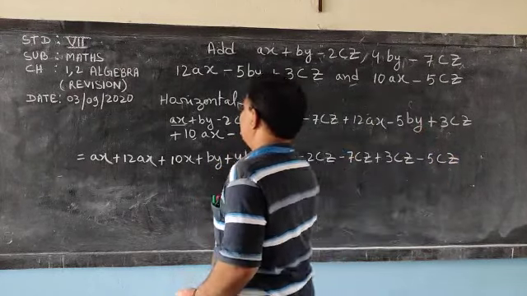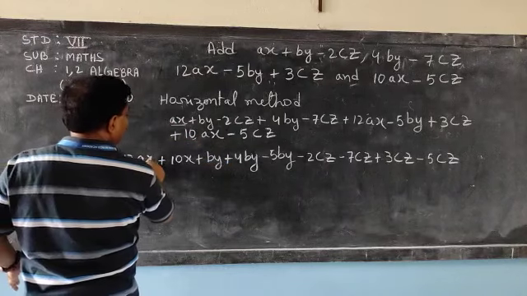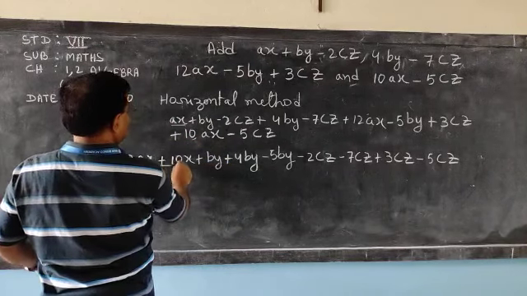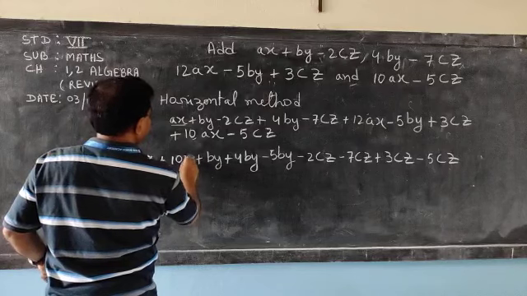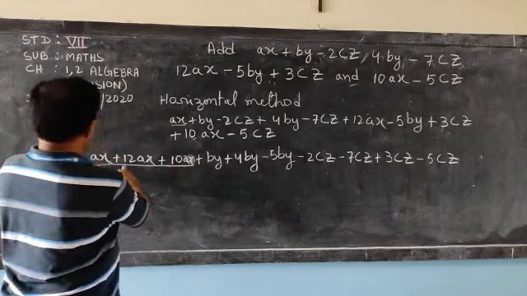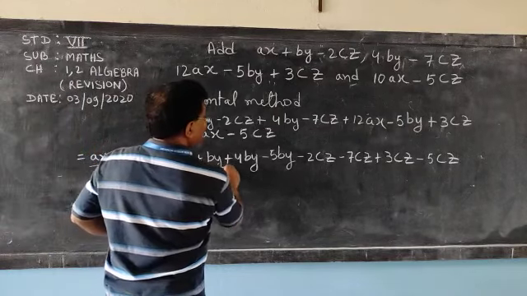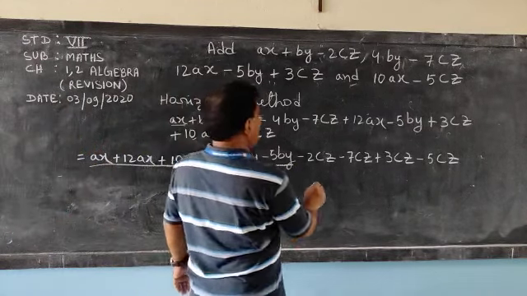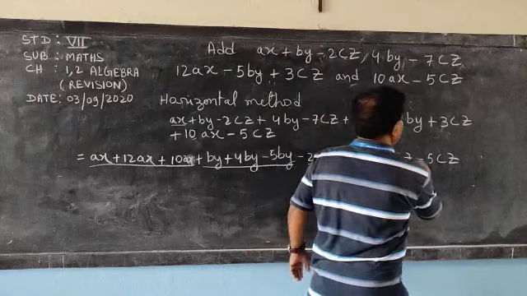What you have seen, I have arranged according to like terms. All the like terms I have collected: all ax together, all by together, all cz together.